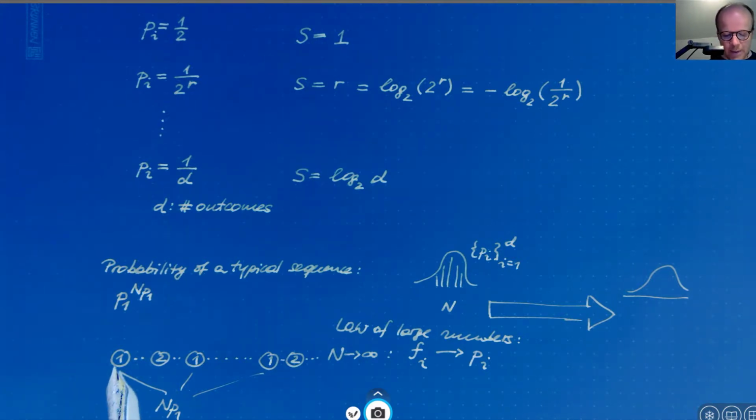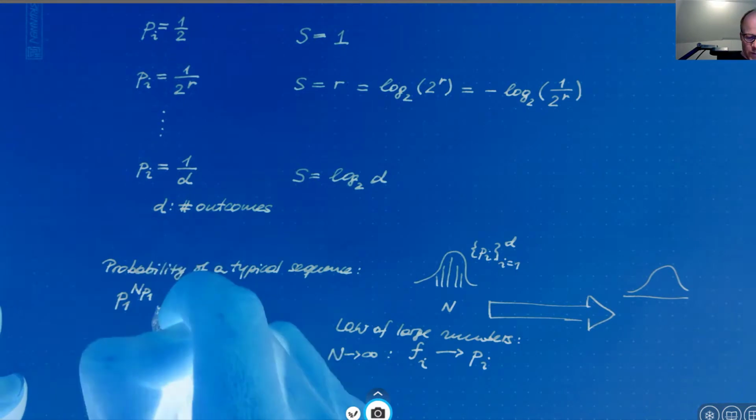Now the probability of this particular sequence in this particular order is the probability that outcome 1 happens in the first trial, that's P1. And then whatever comes next, the corresponding probability times, and so on. And here again times P1, and so on. And when you multiply all these probabilities, then the factor P1 will occur n P1 times. So you will have P1 to the power n P1.